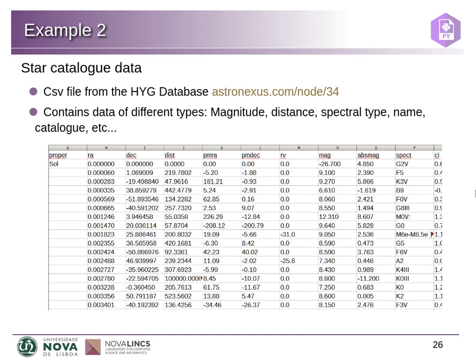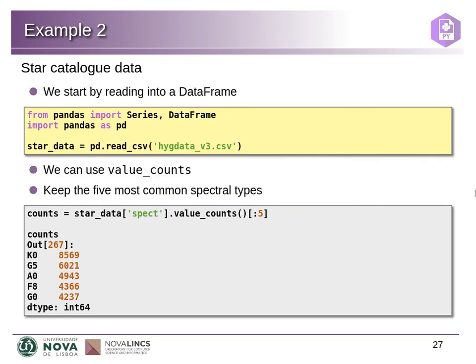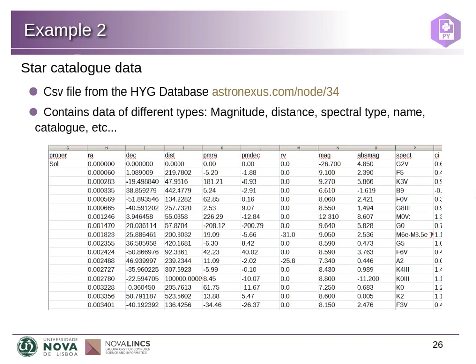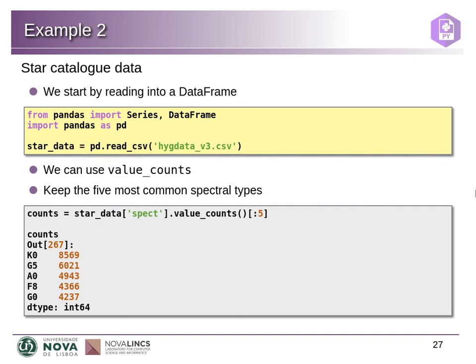So to read this, again, we can use read CSV, and then let's do a plot with the magnitude of the 5 most common spectral types. To get the 5 most common spectral types, we can use value counts on the spectral types here. These are strings with different spectral classes, and value counts will give us a series with each of the values and how many times it occurs in the table.